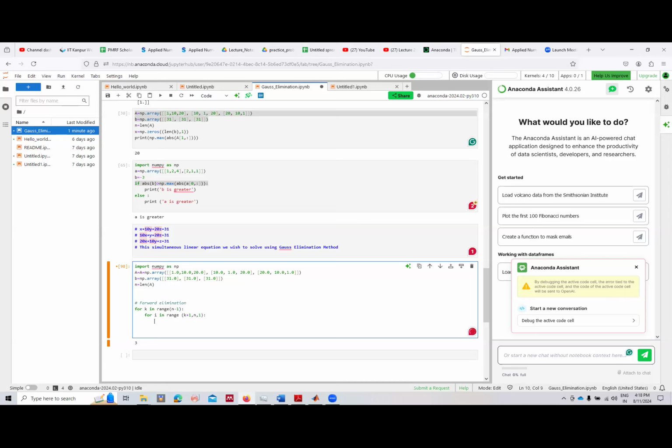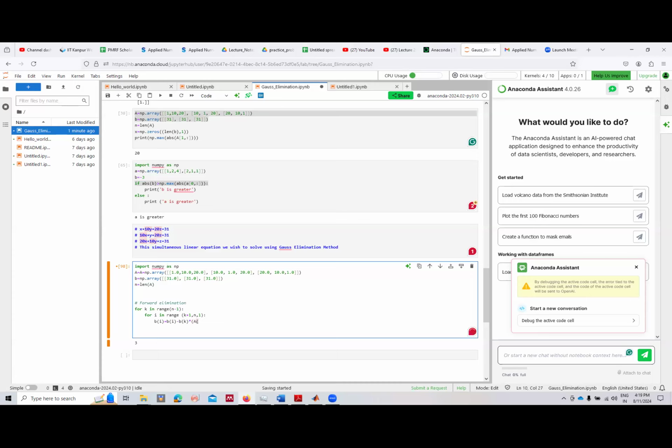Now, what will be the value for each row? What will be the value of B? B of i will be replaced by B i minus B k multiplied by what will be the term?